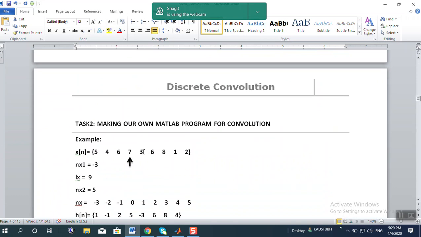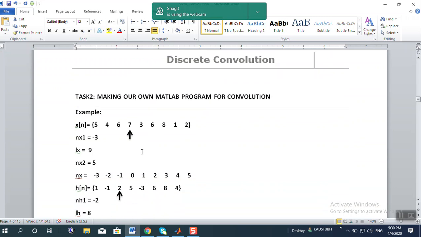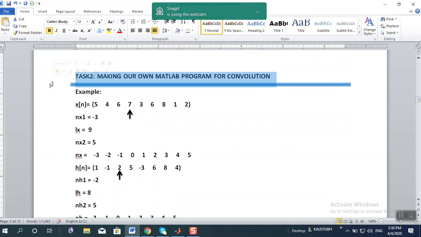Therefore we should develop our own program. Separately, I'll explain how we can develop our own MATLAB code for convolution. So I mention it as task 2, making our own MATLAB program for convolution. With an example I'll explain.